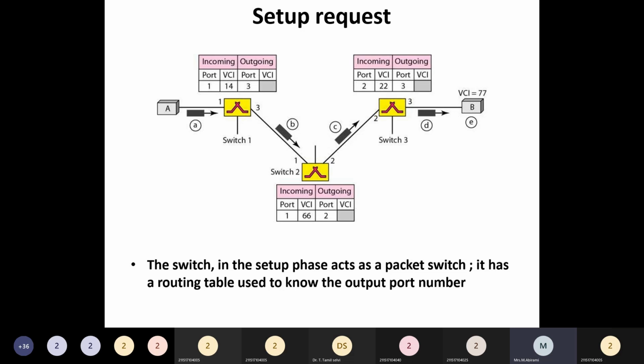The switches in the setup phase act as a packet switch. It has a routing table, known as the output, using the port number. As it is connection oriented communication, take the example of a telephone system. So the data is transferred through switch 1, then switch 2, then switch 3 over the routing table.